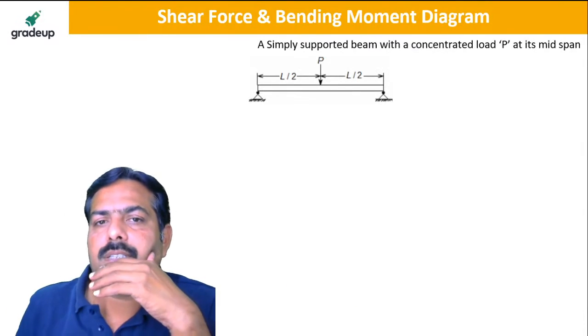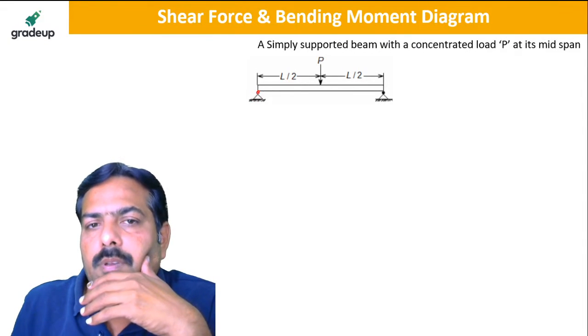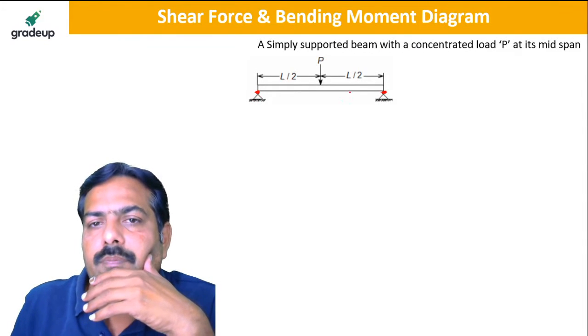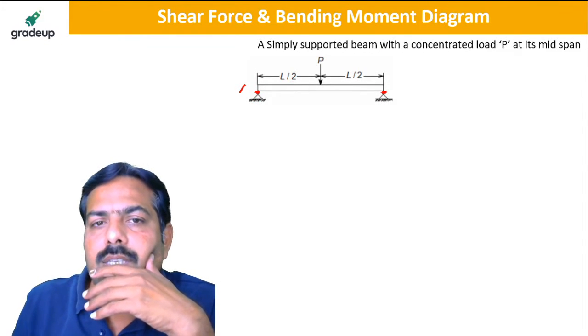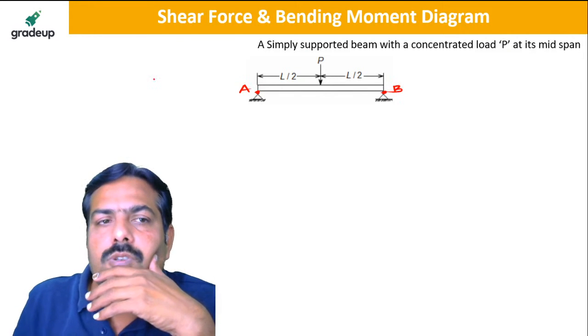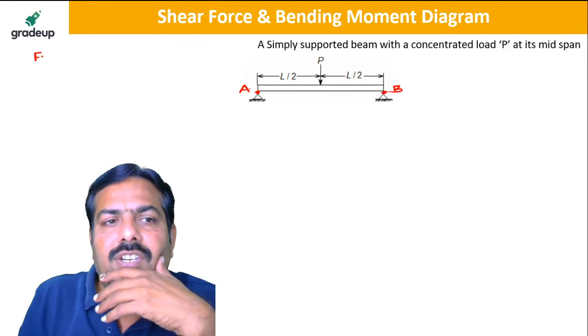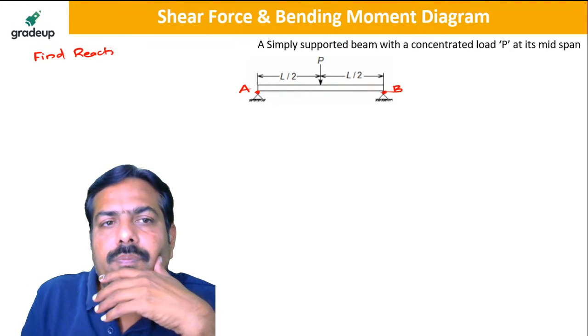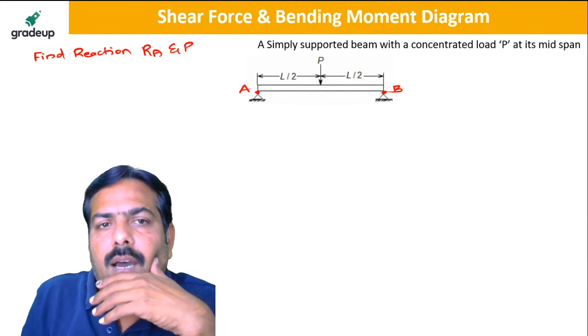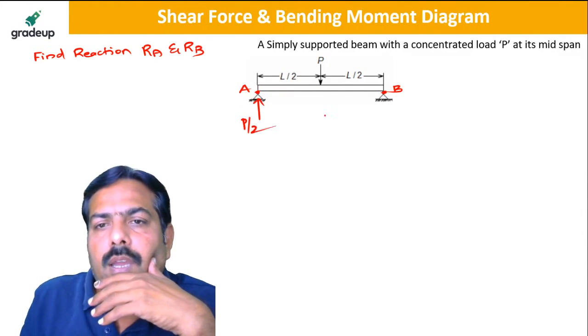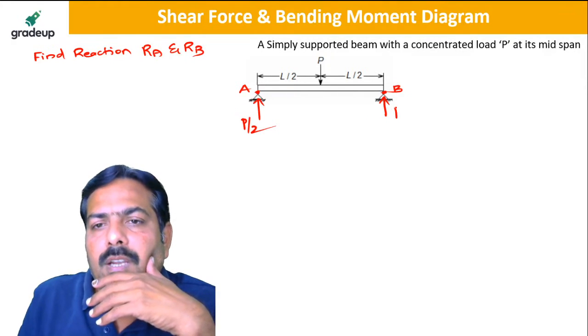So my dear friends, can you tell me how to find the shear force and bending moment for this? This is point A, this is point B. Your first step is to find the reactions RA and RB. RA is P by 2 and RB is P by 2.